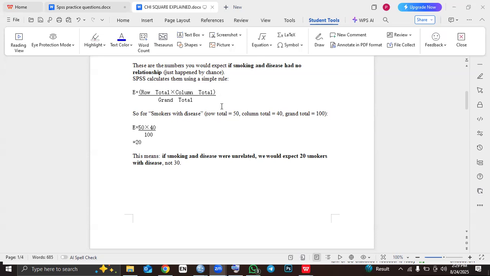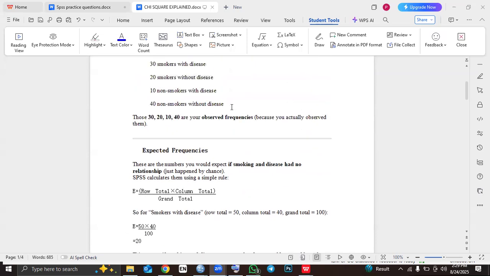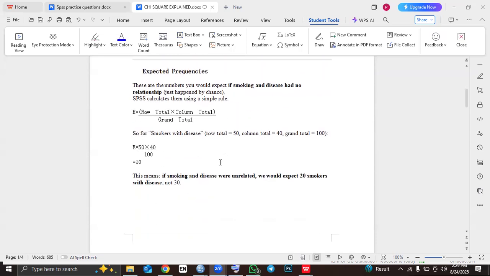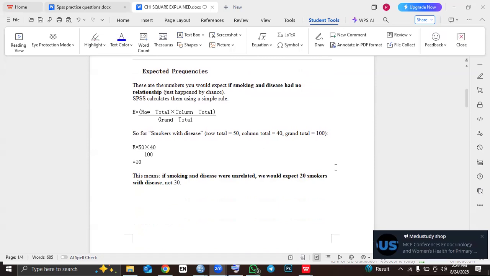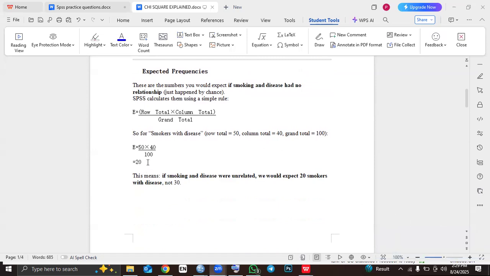For example, in our previous data that we have collected here, the total row will be 50 by the total column, which is 40, divided by the grand total, that's 100. And then the resultant value will become 20. So what does this imply?